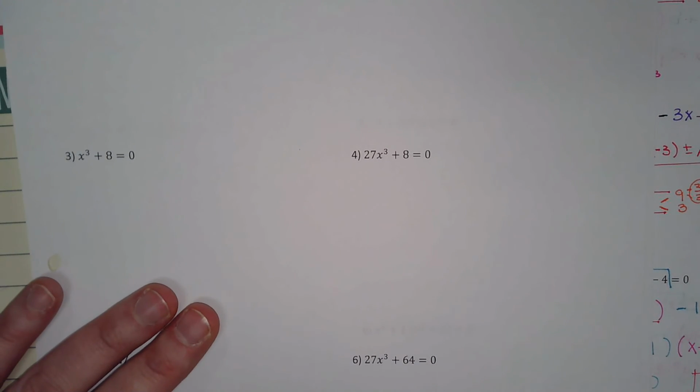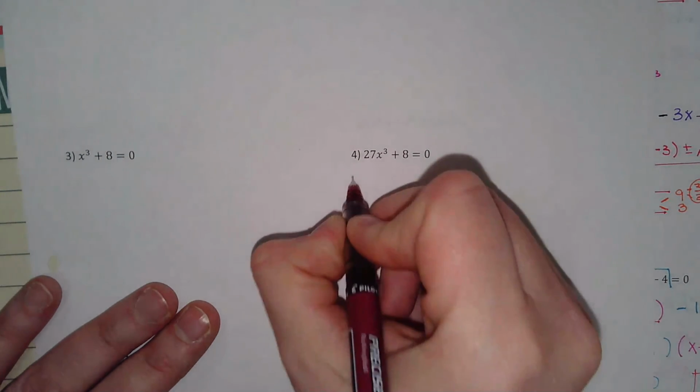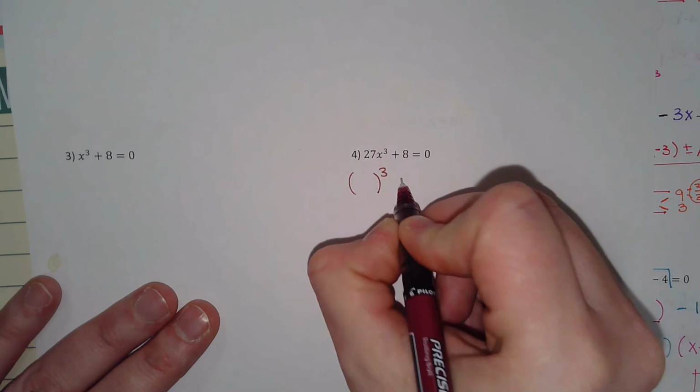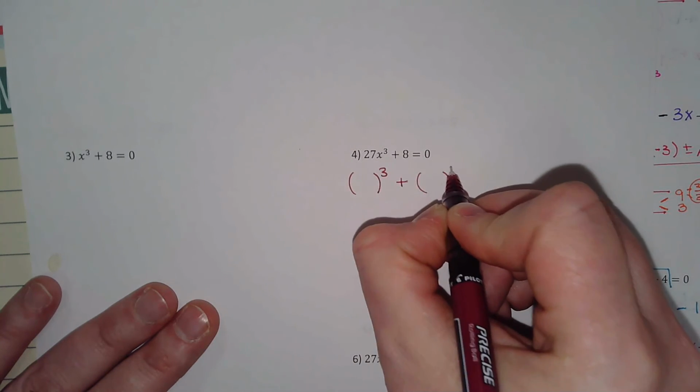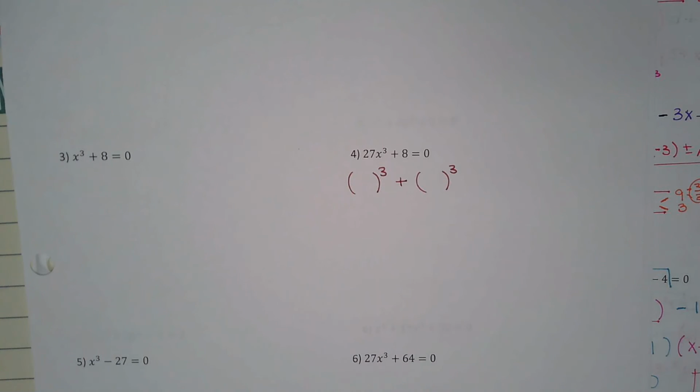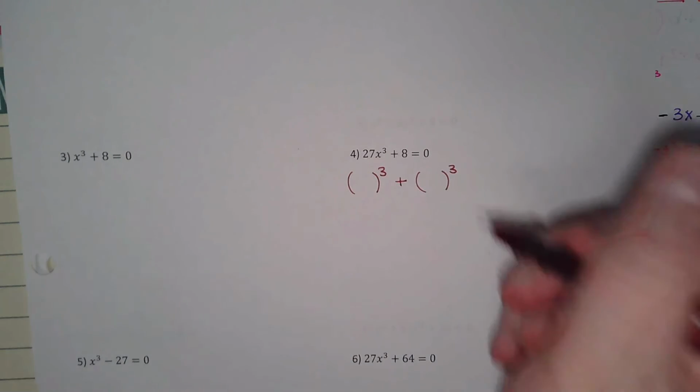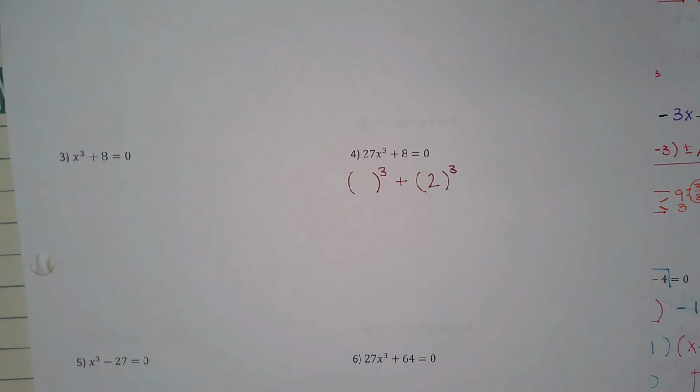So on this problem, I'm going to ask you still the same thing. What cubed gets you the first thing, plus what cubed gets you the second thing? So what value cubed gets you 8? 2. Okay. What value cubed gets you x cubed? Not the 27. I didn't say 27. I said x cubed. Okay.